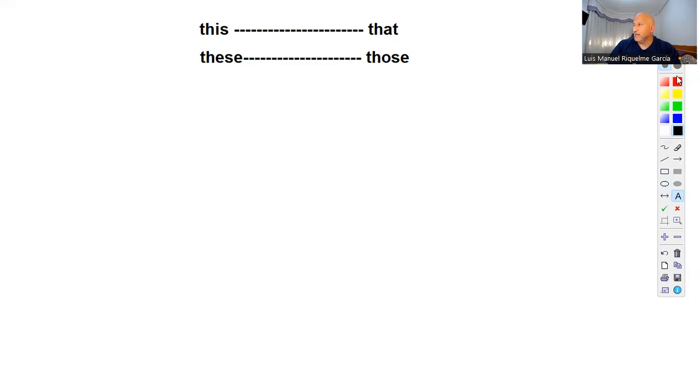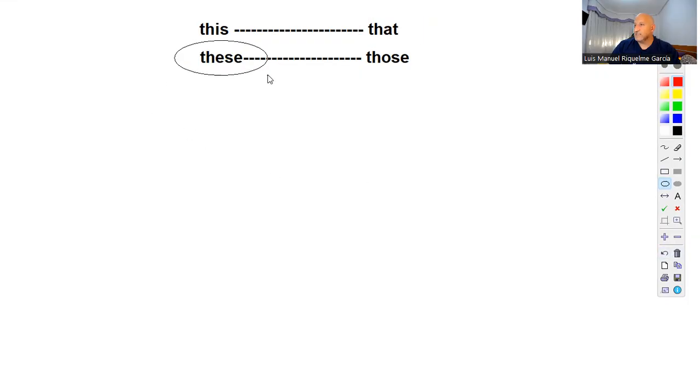Because when you say in English, this house, this door, you are talking about one object that is close to you. But if you say that, you are still talking about one object, but it's a bit farther away. That house, farther away.